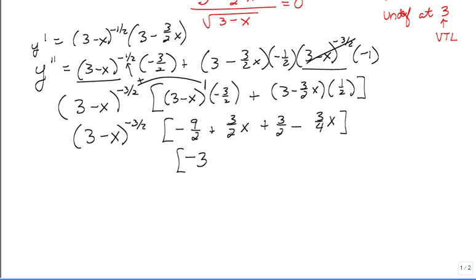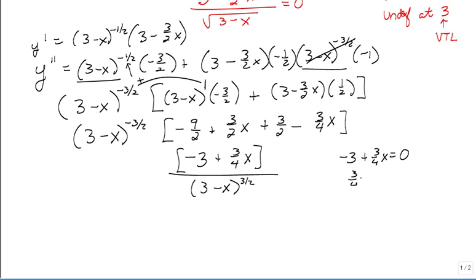And that can be 6/4 minus 3/4 is 3/4 x over 3 minus x to the 3/2. So if I set that equal to 0 to get the possible inflection points, I have 3/4 x equal 3, so x is 4, and it's undefined again at 3. So this is a possible inflection point.